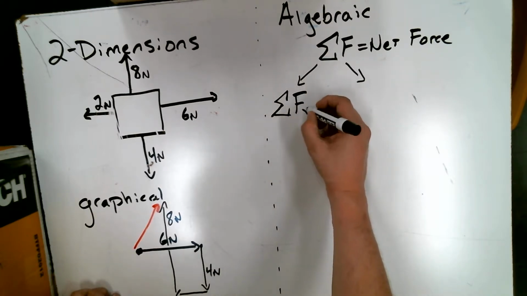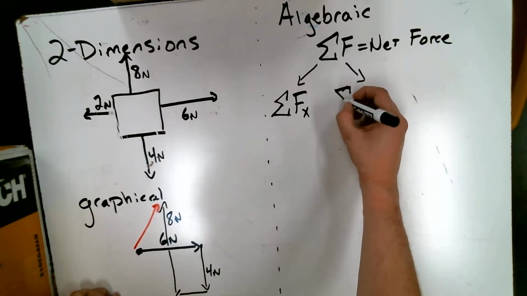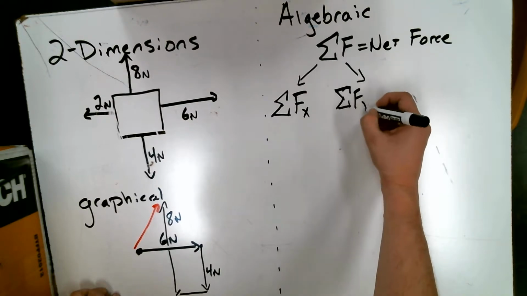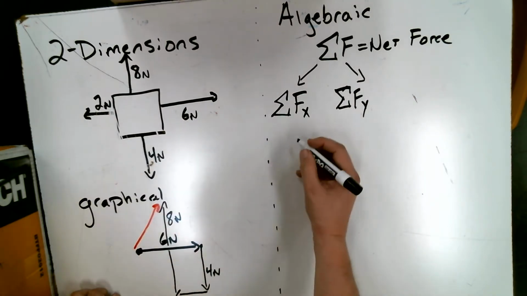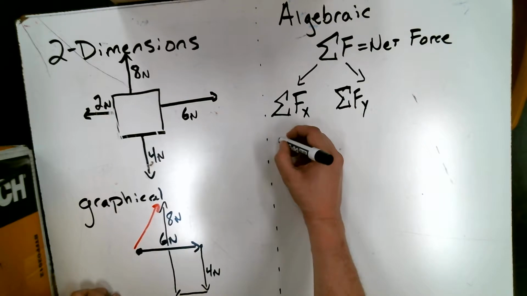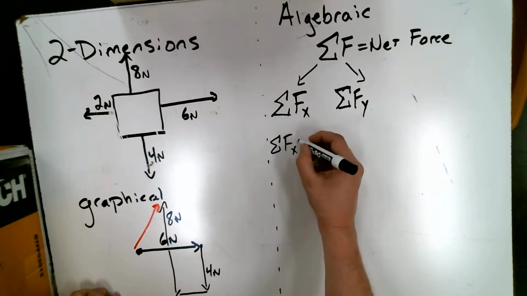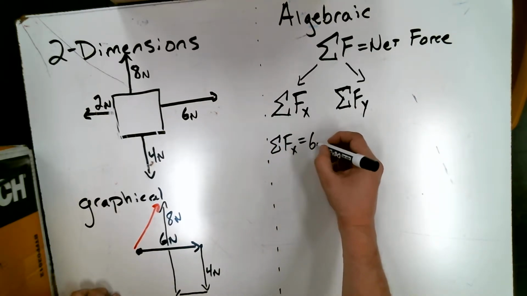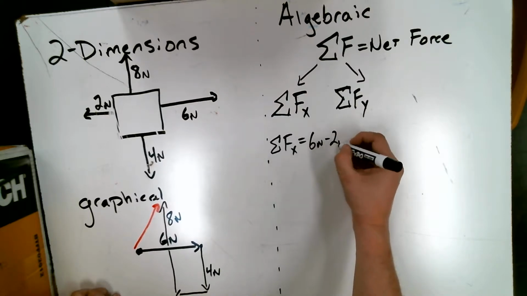Sum of the forces in the x, sum of the forces in the y. So let's do the x direction ones here real quick. Sum of the forces in the x is equal to 6 Newtons minus 2 Newtons.